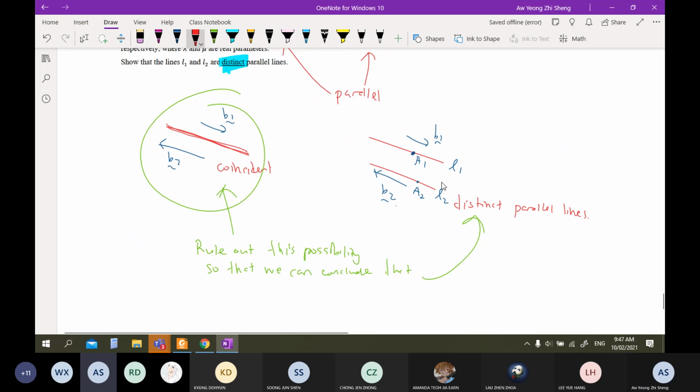If there are distinct parallel lines, then the vector connecting A1 to A2, no matter where you place your A1 and A2, is guaranteed to be not parallel to B1. And because B1 and B2 are parallel, then of course it's also not parallel to B2.